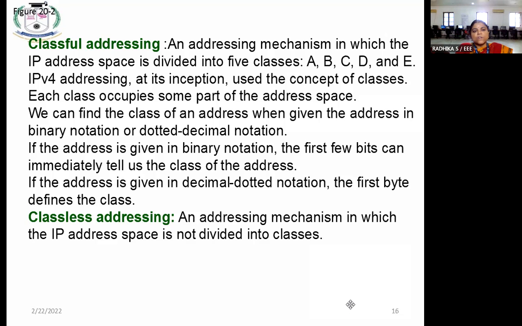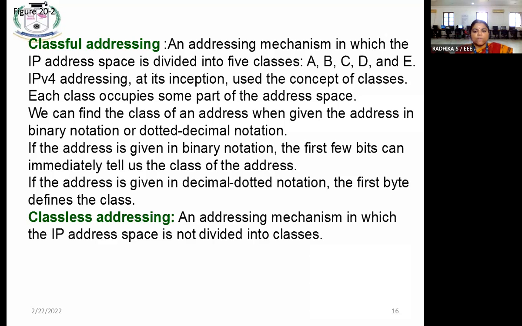So in classful addressing, we are going to have 5 classes. They are called class A, class B, C, D, and E. Each class occupies a certain part of the address space based on the size of the prefix and the suffix.